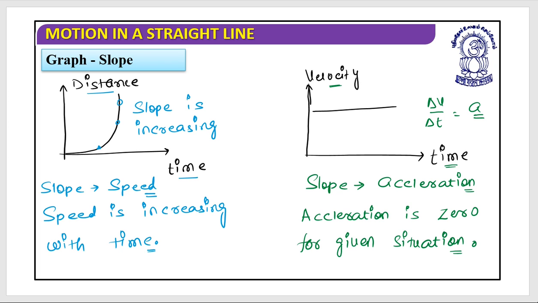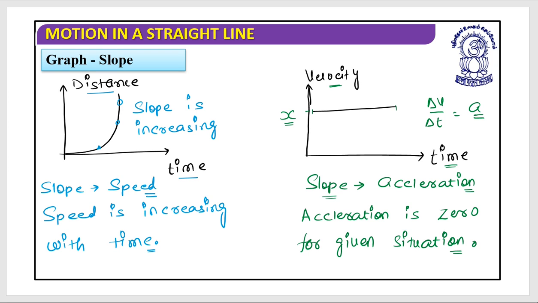Even if you don't have any idea about the slope, you can directly know that, let's say, here the speed or velocity is x meter per second, and as the time passes it remains the same, so there is no change in the speed. That means our object is moving with uniform speed or having zero acceleration because speed is not changing.